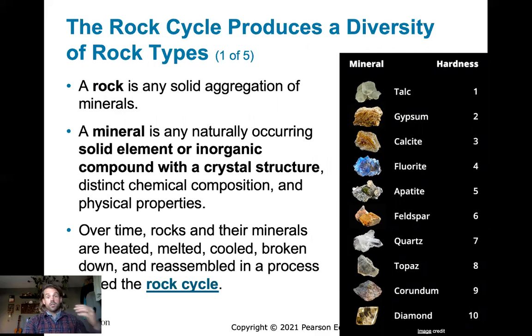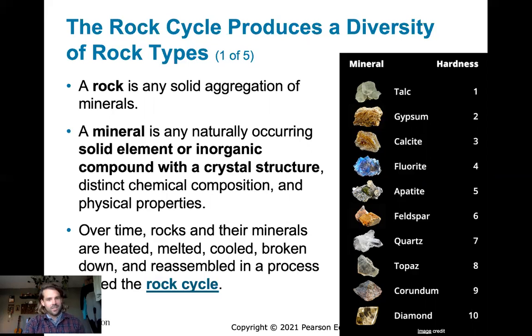For now, I want to talk about the rock cycle. And I've mentioned that cycling is going to be a consistent theme in this class. The rock cycle is one of these cycles of stuff that the planet is constantly doing. A rock is any solid aggregation of minerals, and a mineral is any naturally occurring solid element or inorganic compound with a crystal structure.